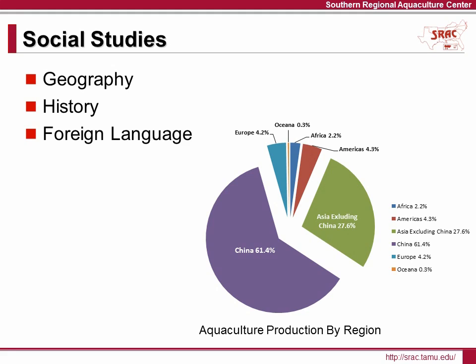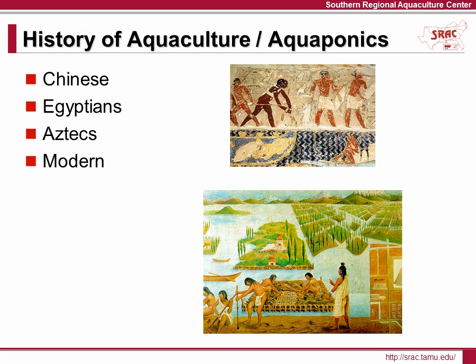Aquaculture is a global industry, and the United States is really a minor player. Almost 90% of the aquaculture production comes out of Asia. Students have the opportunity to look into geography and the long history of aquaculture in those areas. The first written production manual for carp was written almost 2,500 years ago.